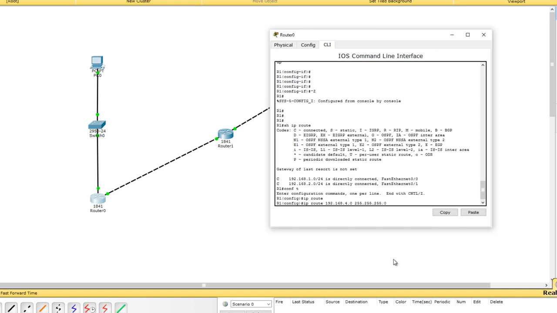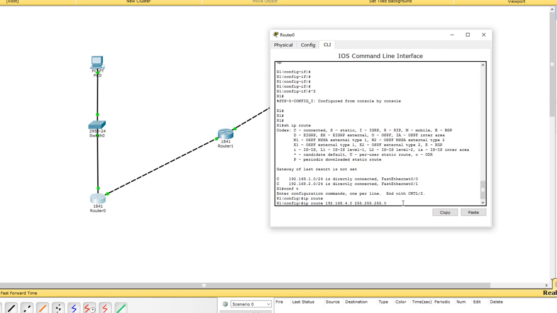Now we're telling router 1 that any traffic going to 192.168.4.0/24, please forward that to 192.168.2.2, which is this interface, right?